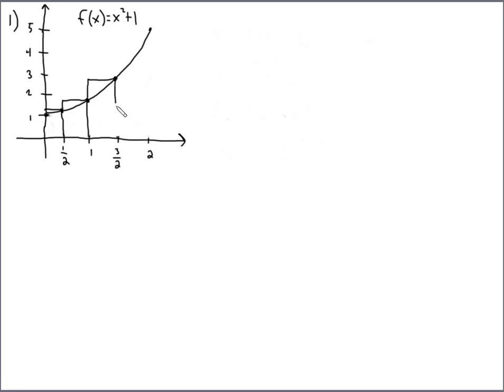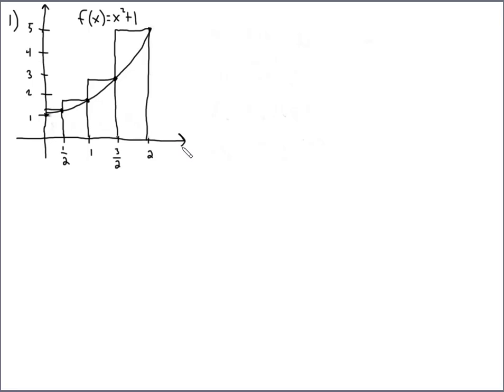Third rectangle is going to look something like this. And the fourth one, right endpoint of the fourth subinterval. And these are all supposed to look the same width. Hard to do that in my drawing here, but anyway, they all do have width 1/2. You can see that this is clearly going to be an over approximation of the area. Once we add these all up, we'll have all this extra area here.